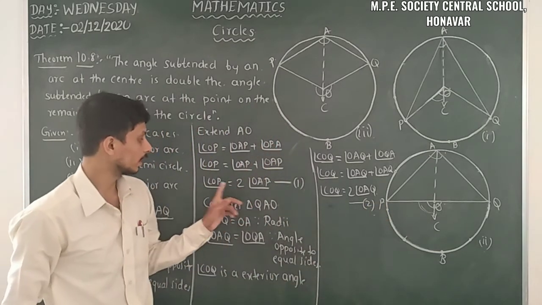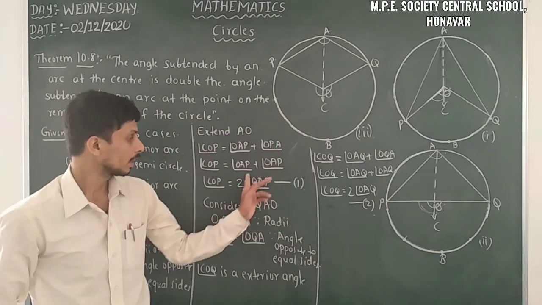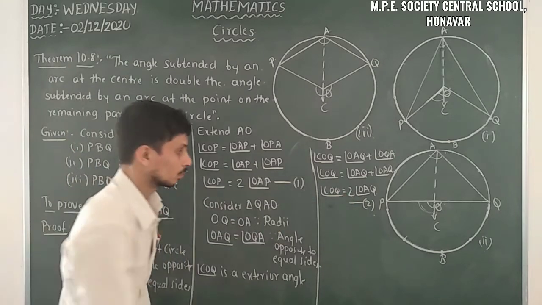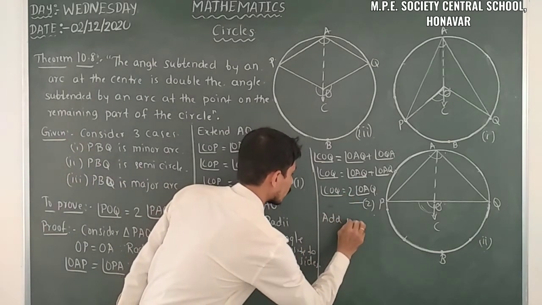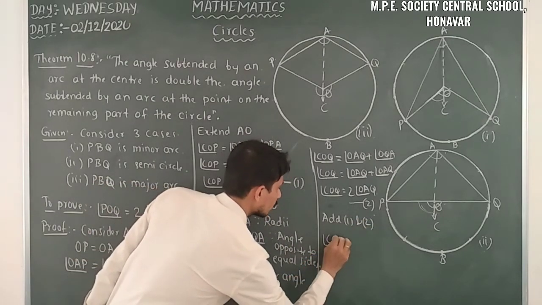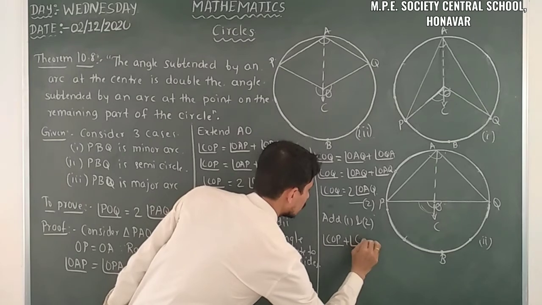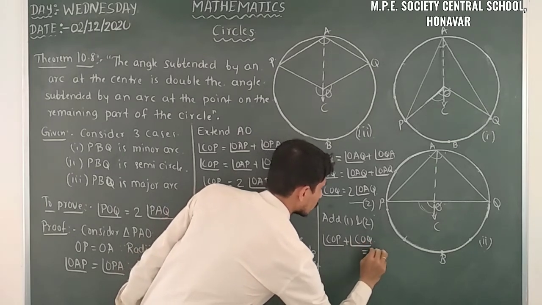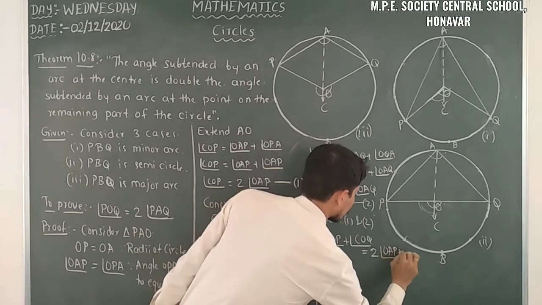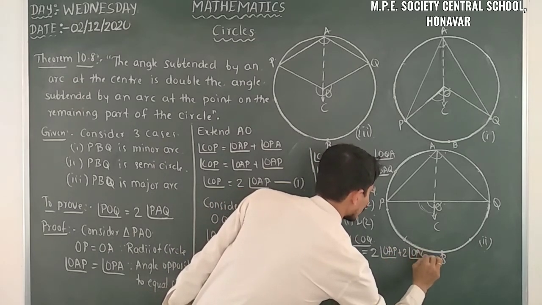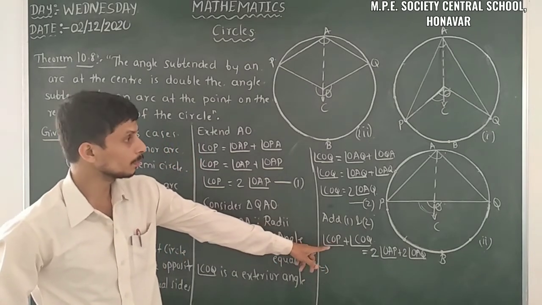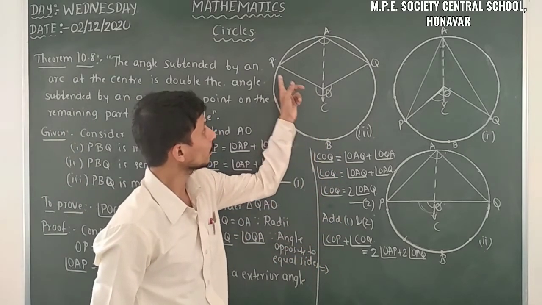Add equations 1 and 2. What happens here? Angle COP plus angle COQ is equal to 2 into angle OAP plus 2 into angle OAQ. Angle COP plus angle COQ becomes angle POQ.